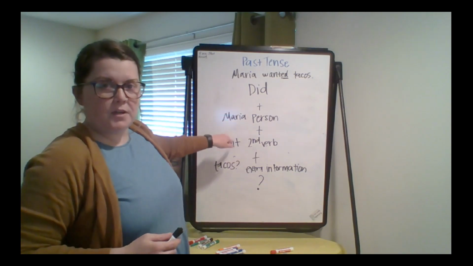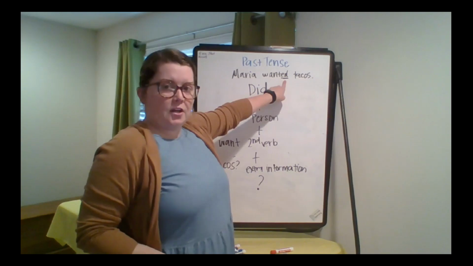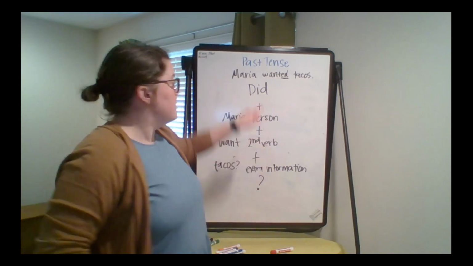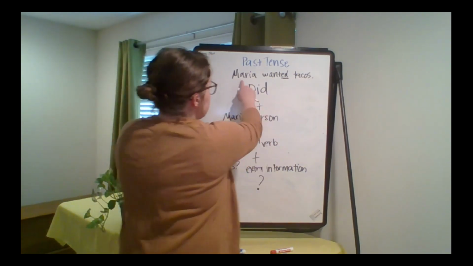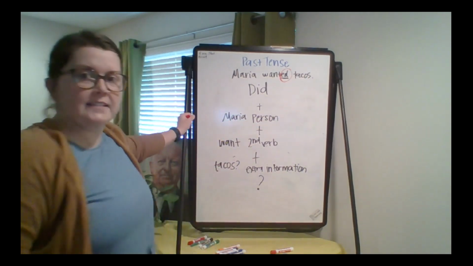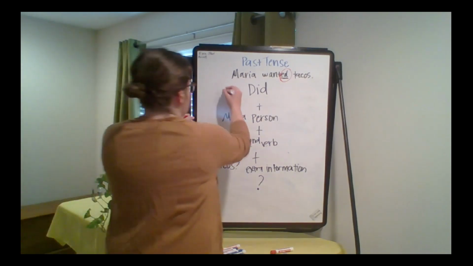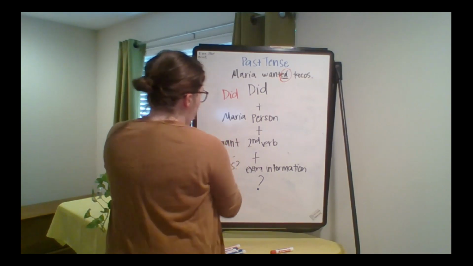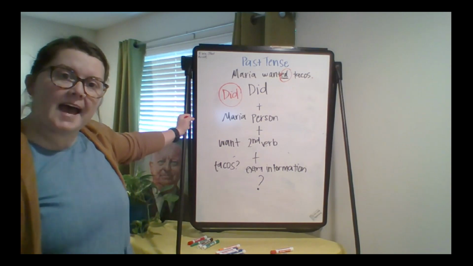Did Maria want tacos? Now, why do we have the ED here and not here? Because did is in the past. In the sentence Maria wanted, that's our past tense. That's how we know it was yesterday. In our sentence, did Maria want tacos, our past tense is here in did. That's the past of do.